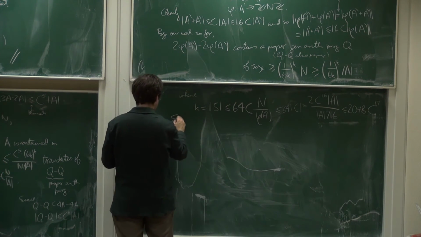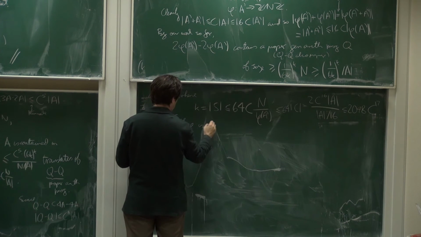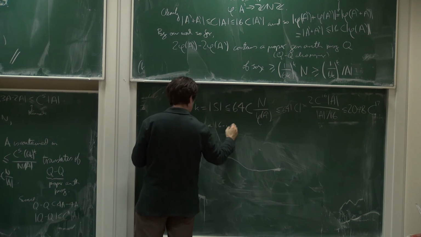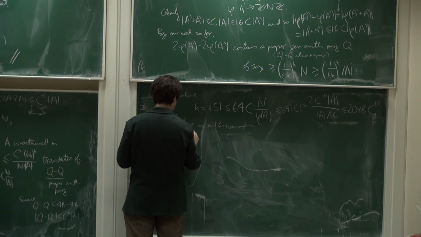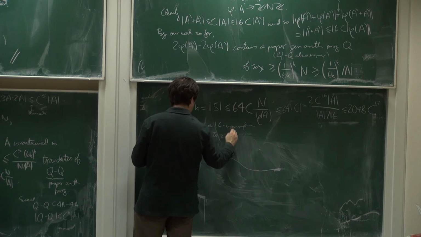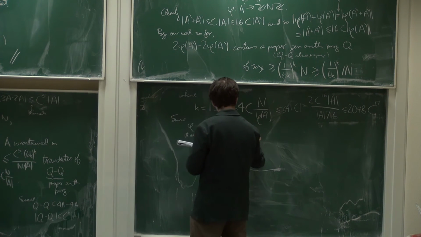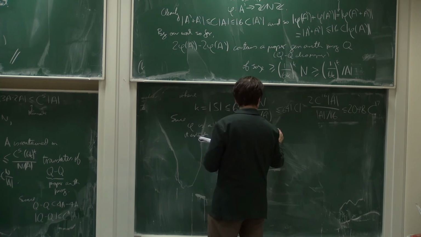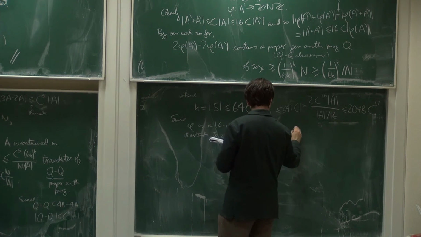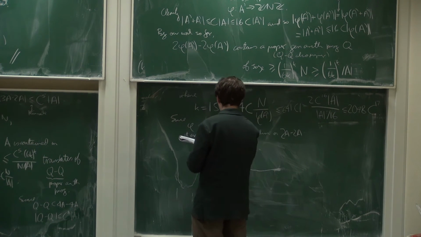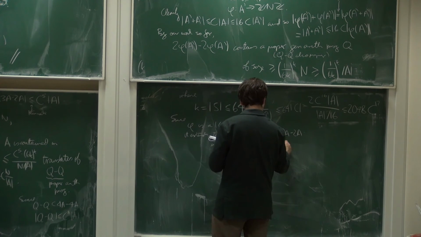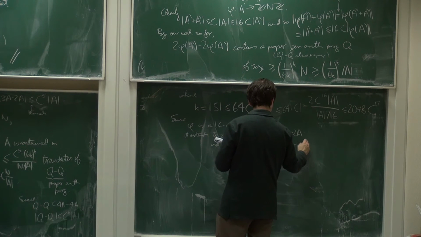So since φ is a 16-isomorphism, it extends to a 4-isomorphism on 2A − 2A, and a 2-isomorphism on 4A − 4A.